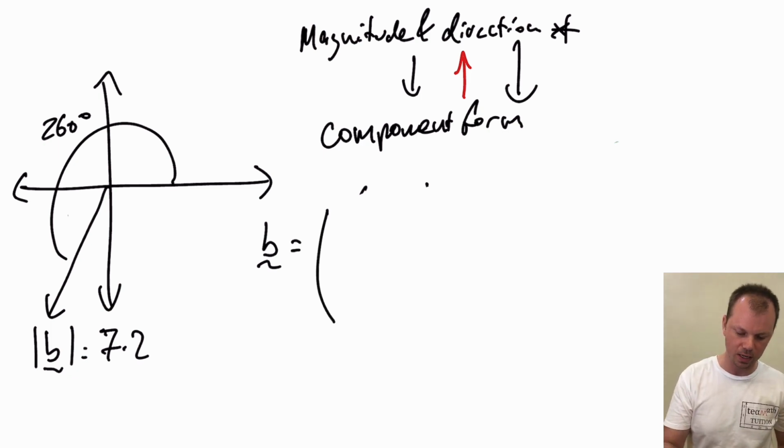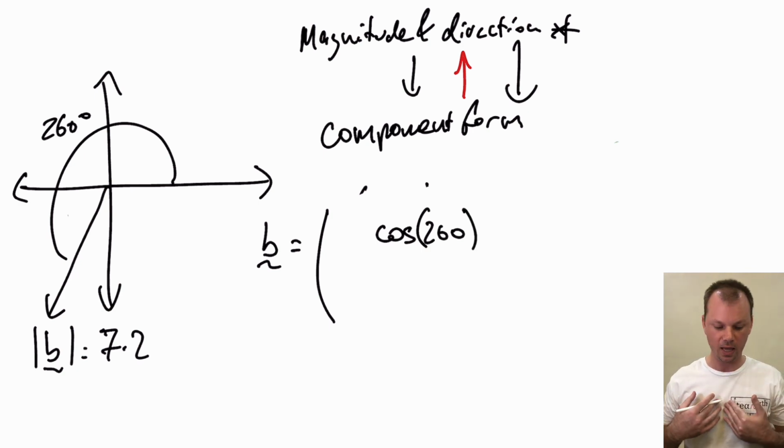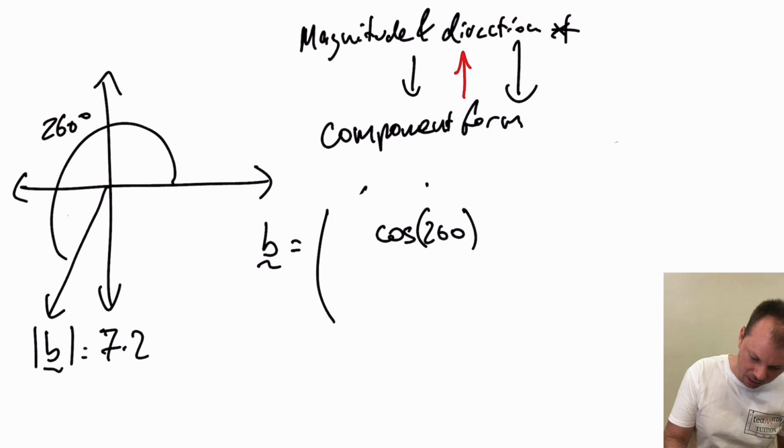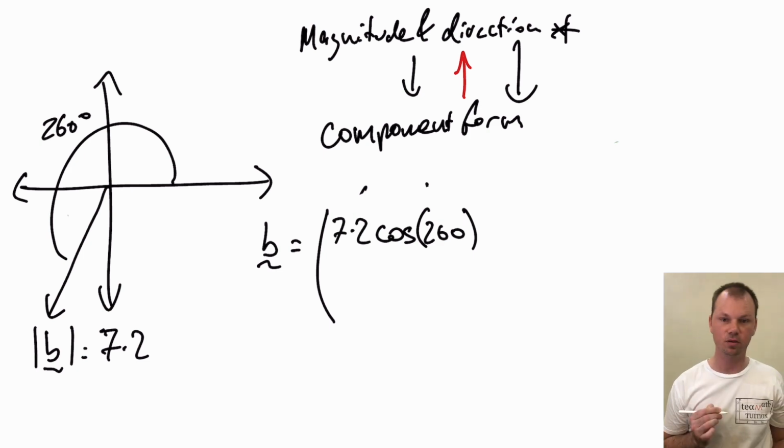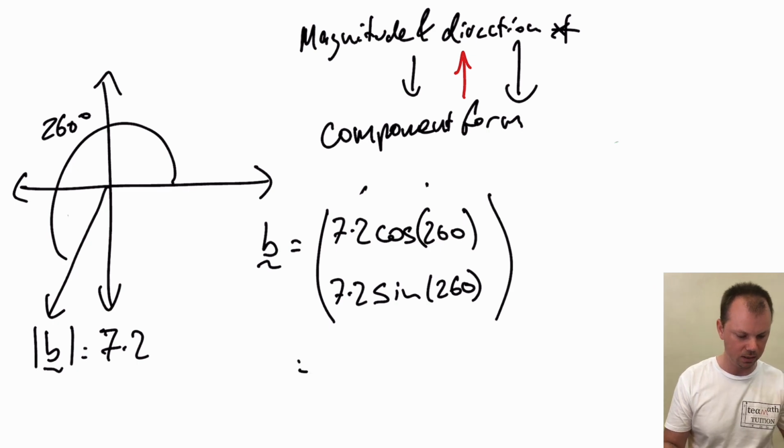So in the x direction, we are cos 260. And so that's if it was 1 unit in length, the vector, if its magnitude was 1, but its magnitude is 7.2. So we're scaling that vector by 7.2. Same in the y direction. We're scaling that vector by 7.2. And we can get our answers.